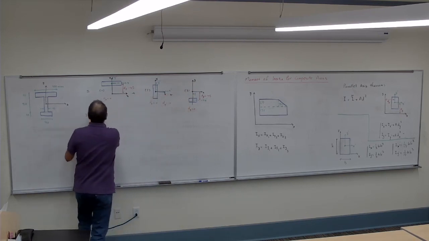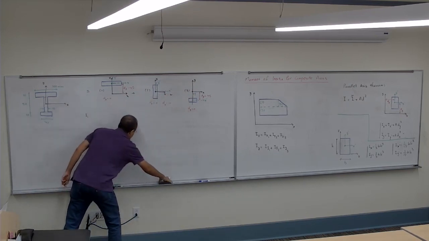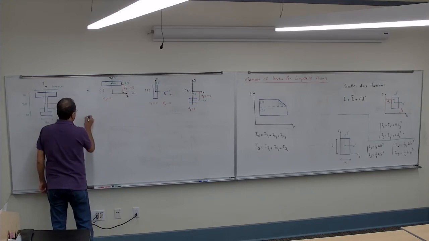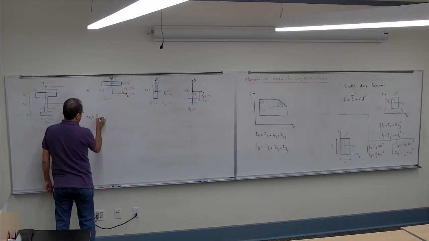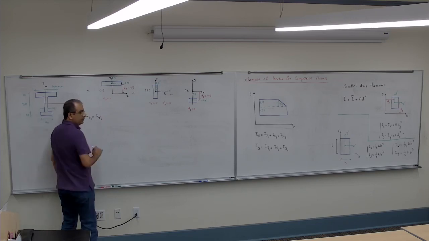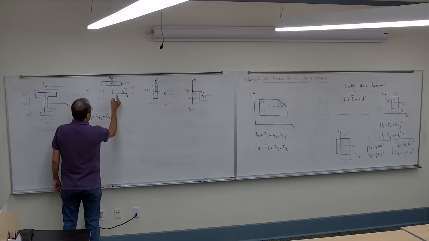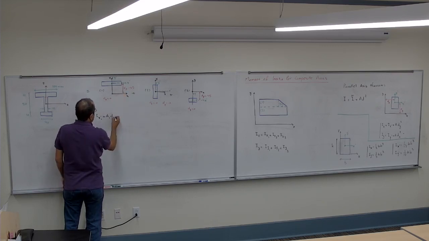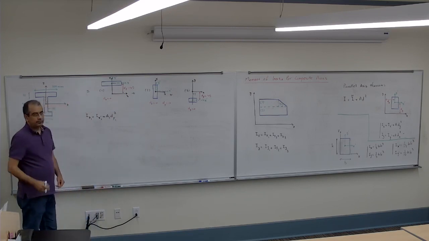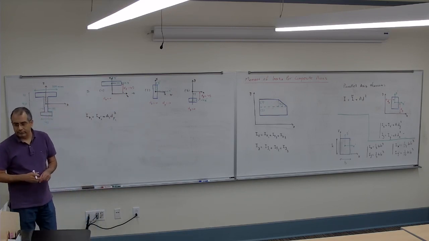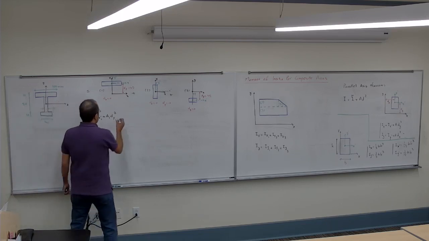So for the 1, I about x for the 1 is I about x prime, the centroid, plus A1, and this is the, which one? D sub y for the 1 squared. Correct?